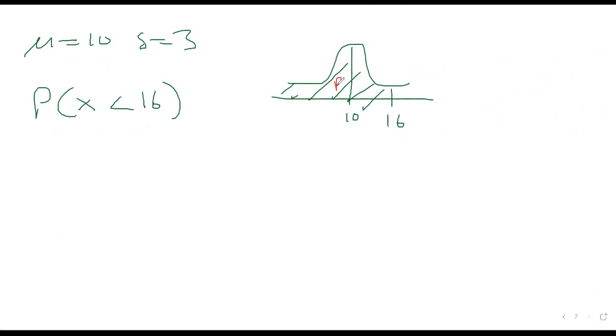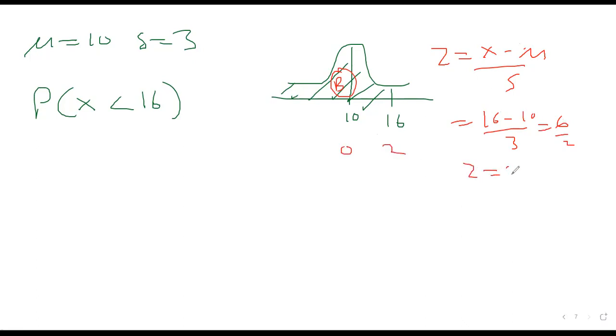What is the principle? Whenever the shading is big, we read it directly. So we standardize. Z is equal to x minus mu over standard deviation. So here we have 16 minus 10 over 3. So it is 6 over 3, which is equal to 2. So here Z is equivalent to 2.